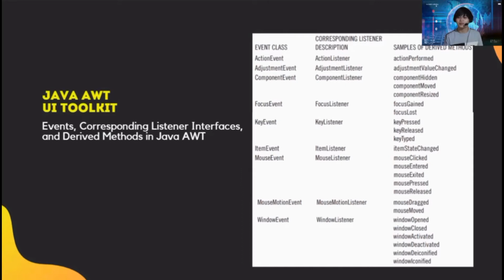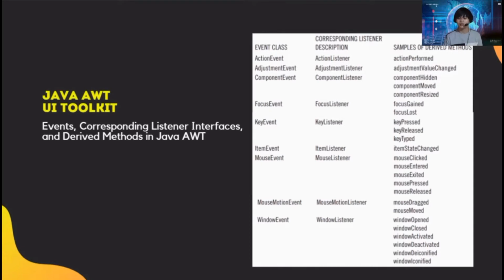And the sample method is adjustmentValueChanged, and so on and so forth. So these are the different derived methods wherein tawagon lang na nimo siya kung it depends on the program. It depends on the feature or unsa ang gusto nimo mahitabo sa imong system o sa imong application.